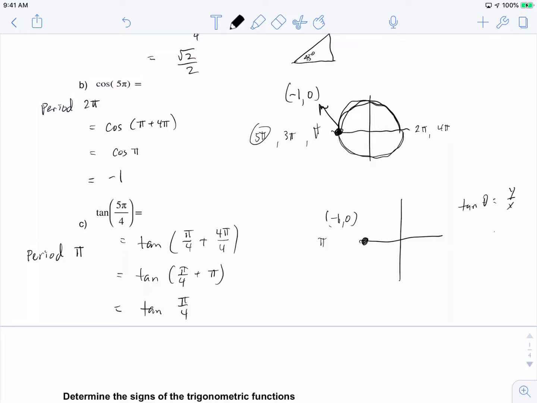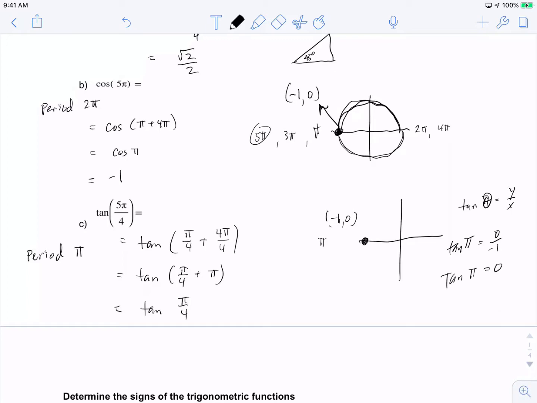So in this case, we'd get 0 over negative 1. So tangent of pi, I can even just put pi over here. Tangent of theta up there. This one's going to be tangent of pi. We can see the tangent of pi is 0.